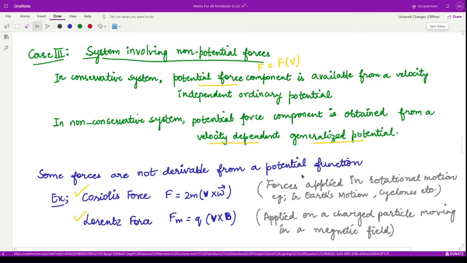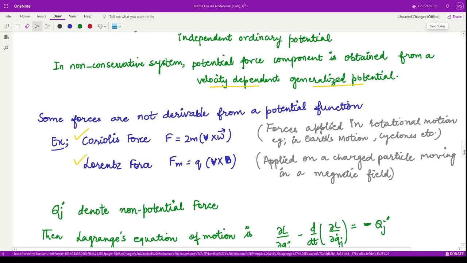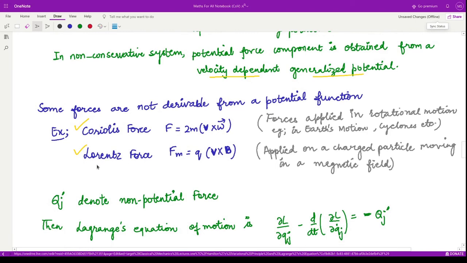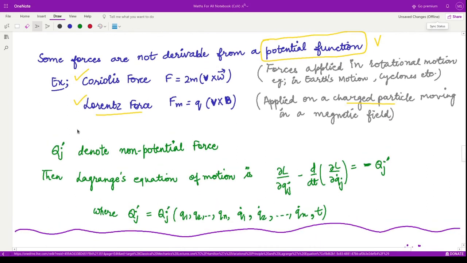Coriolis force appears due to rotational motion and it is found in many rotational systems, whereas Lorentz force you find on a charged particle which is moving in a magnetic field. Such forces are not derived from any kind of potential. That means they are not a function of potential V. So for that, we can denote the non-potential force by Qj dash.